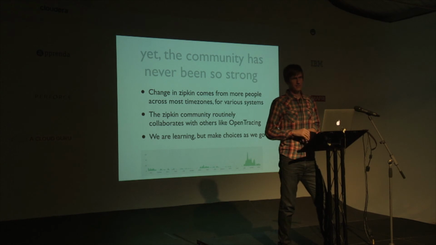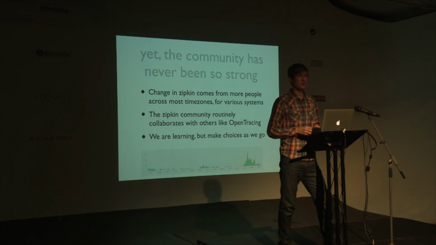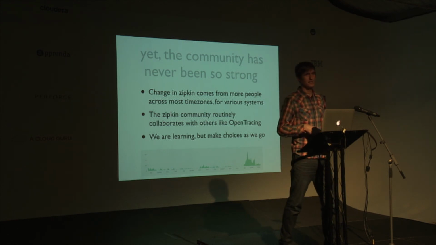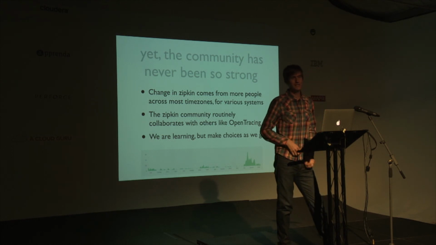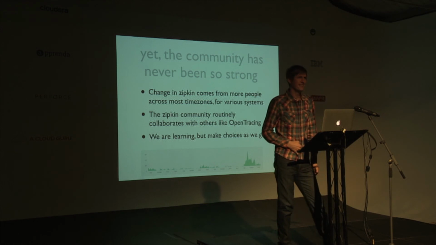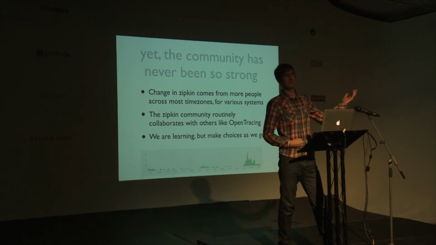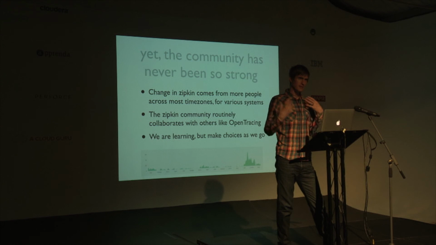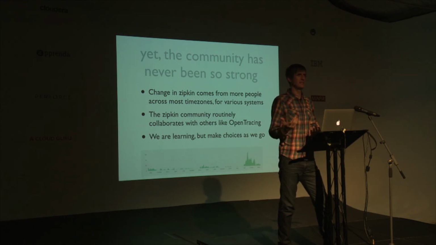We have distributed tracing workshops where people who are even making commercial products get to collaborate. In fact, we're doing one in Berlin on Monday, and Google are going to be there, and the person who wrote the Dapper paper is going to be there, and we're able to share ideas even though the code and the manifestation of these ideas will be different.